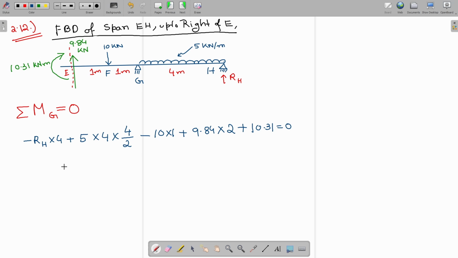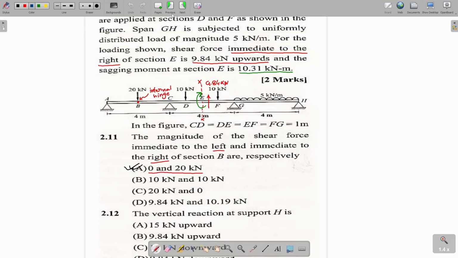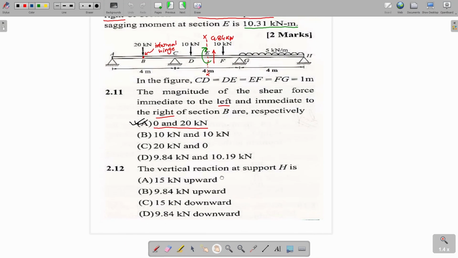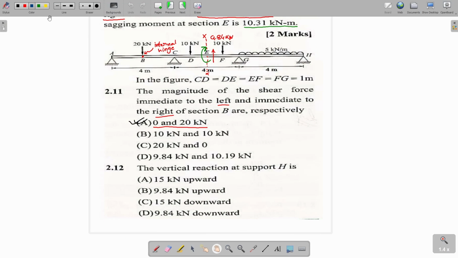Therefore, after solving this equation, RH is equal to 15 kilonewton and it's acting in the upward direction. Okay, this is our answer. So in this case, it is option number A, 15 kilonewton upward.